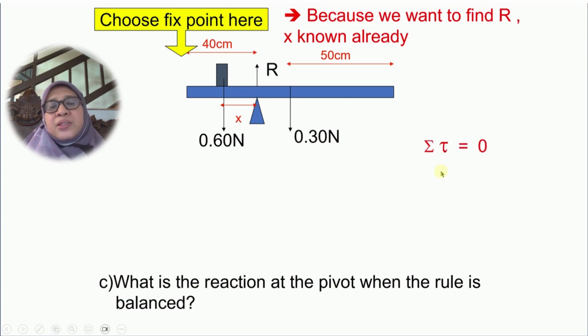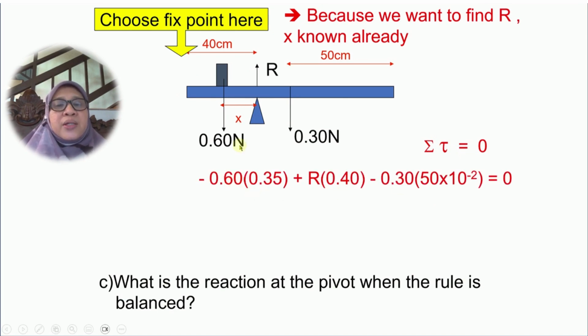We use rotational equilibrium where the total torque is equal to 0. So the moment about the fixed point here: 0.60 times 35 centimeters, converted to meters, which is where we placed it just now for the system to be in equilibrium. So 0.60 times 0.35 meter, and it is negative because the ruler will rotate clockwise.